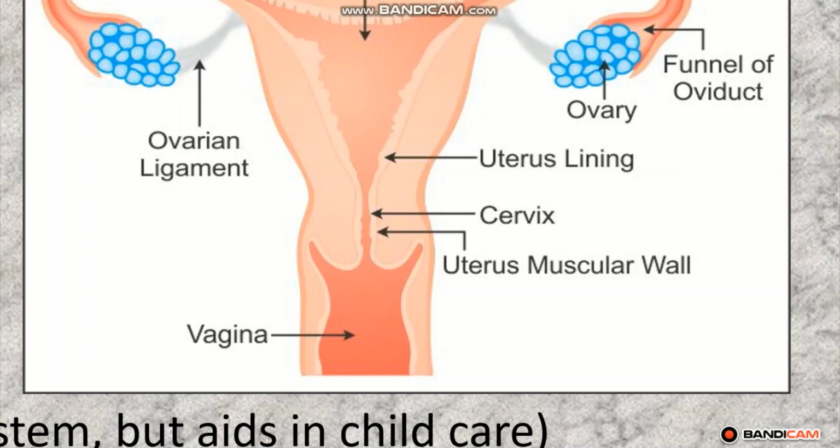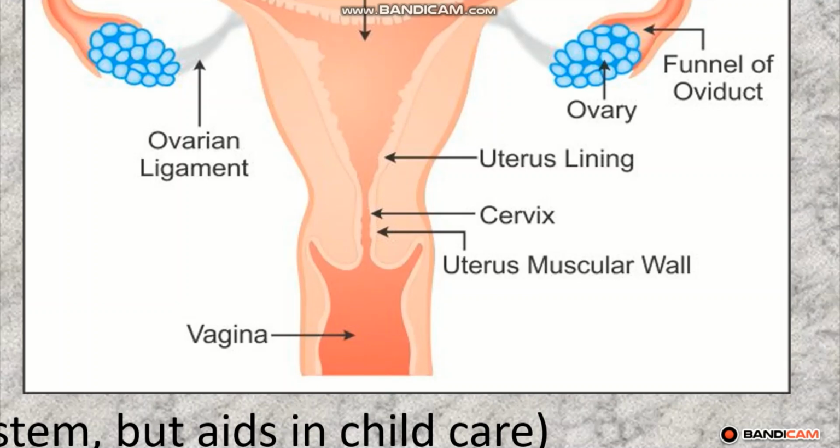The labia majora extends from the mons pubis and surrounds the vaginal opening.